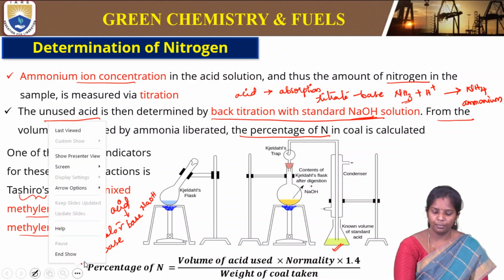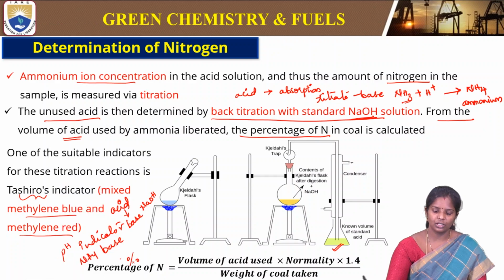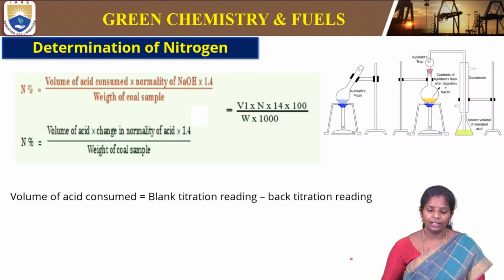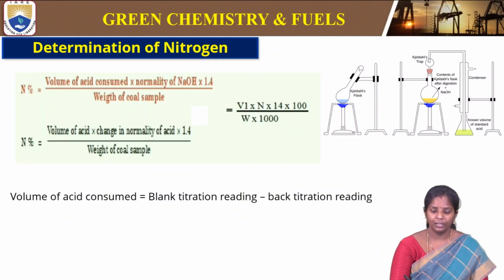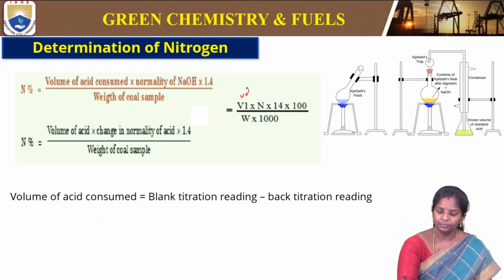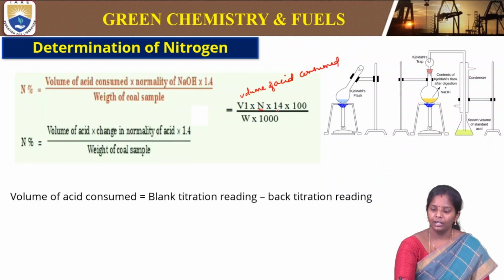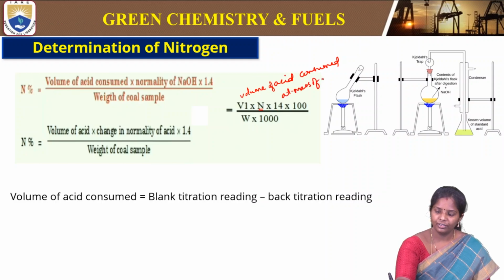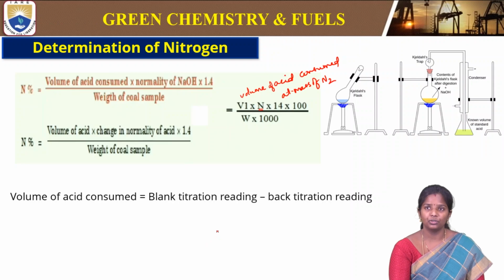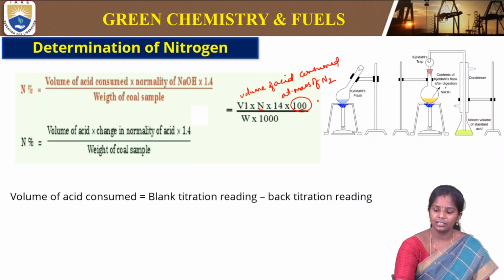This is the percentage that we will calculate using this formula: volume of acid used into normality into 1.4 by weight of coal taken. How is the formula formulated? It is volume of acid consumed into normality into 14, which is the atomic mass of nitrogen, into 100 for percentage, divided by weight of the coal into 1000.